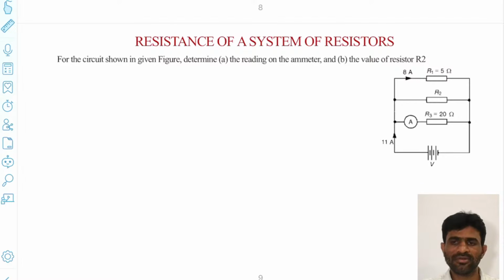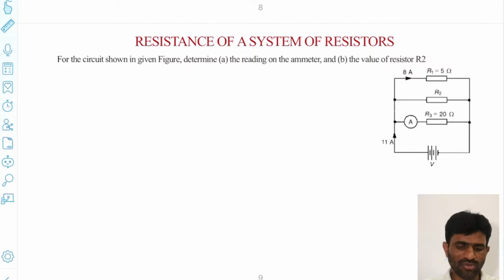Correct? Parallel. This is correct. Here there is no doubt. All the three resistors are connected in parallel. Good.